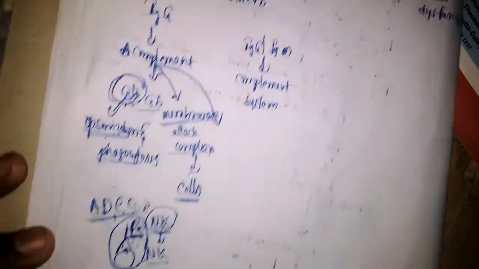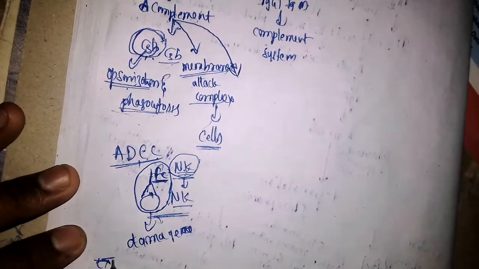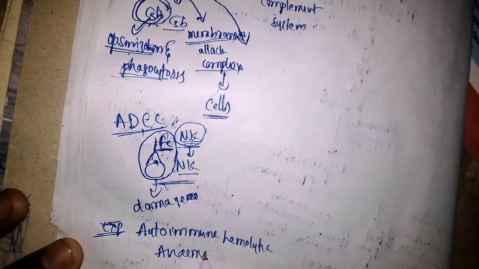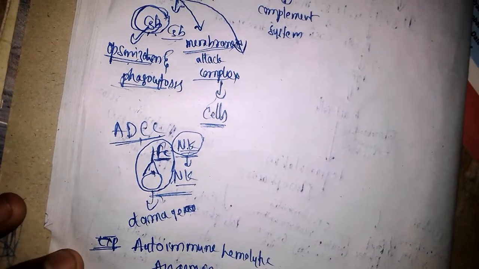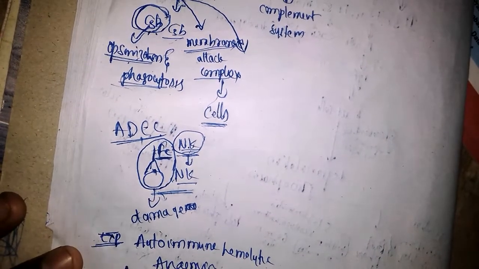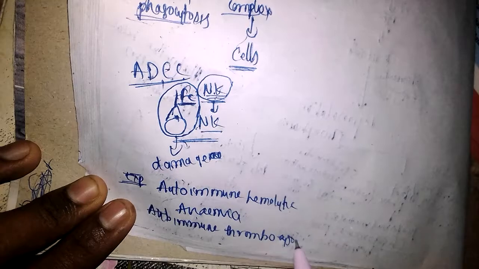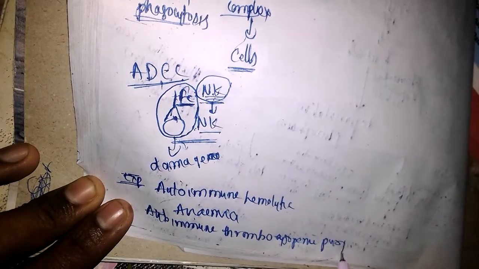The examples for this type of reaction are autoimmune hemolytic anemia, or autoimmune thrombocytopenic purpura.